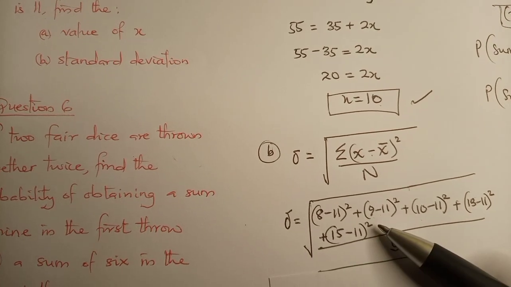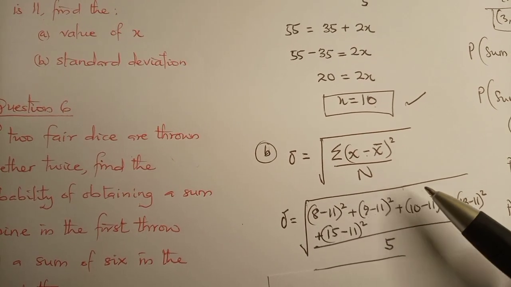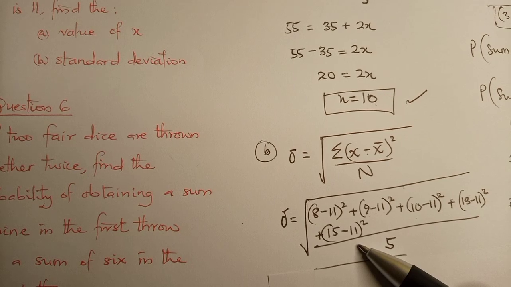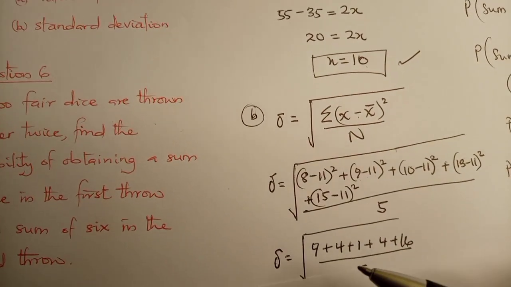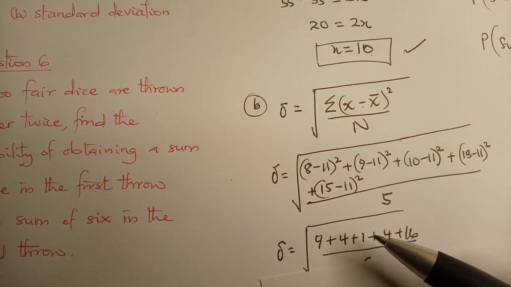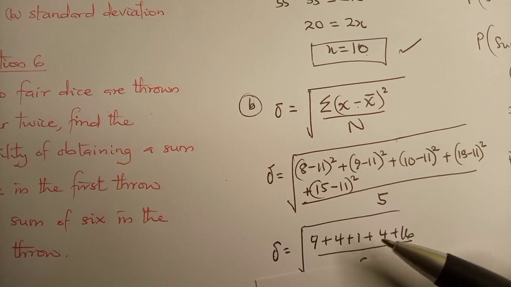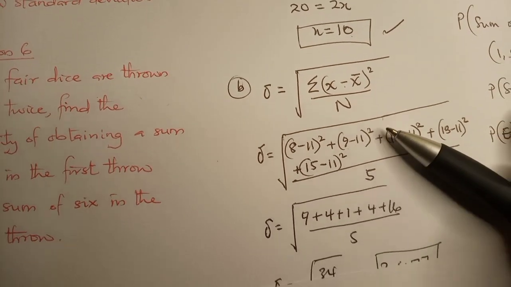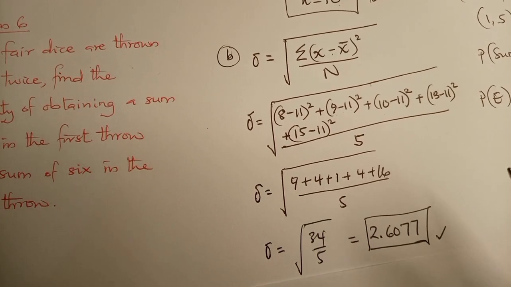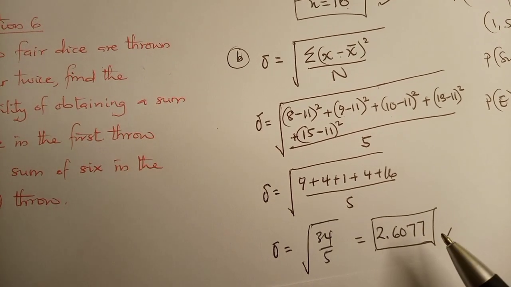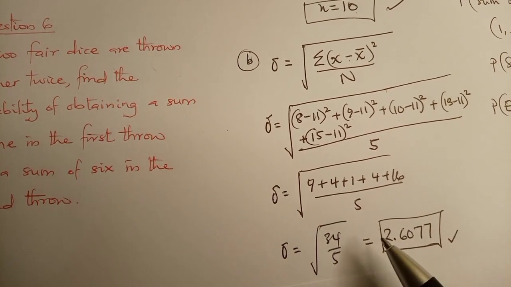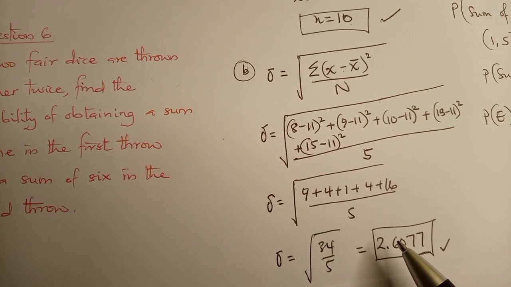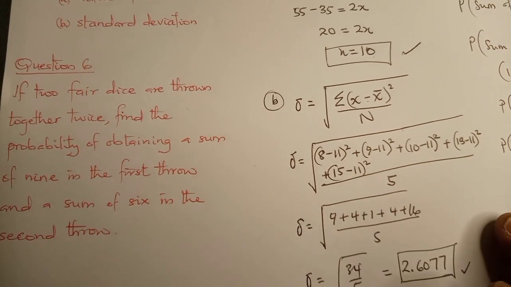So we simplify everything in parentheses. We have 9 plus 4 plus 1 plus 4 plus 16 divided by 5. Solving this, we get 2.6077. That is it for question 5.